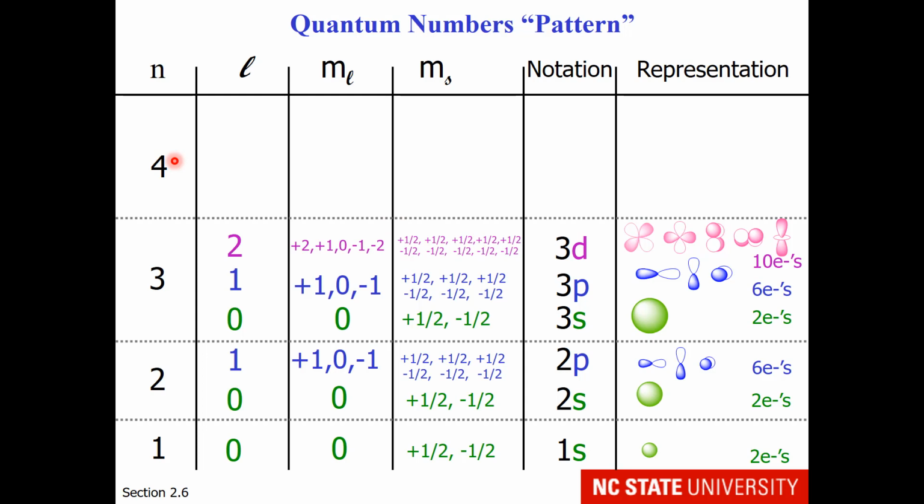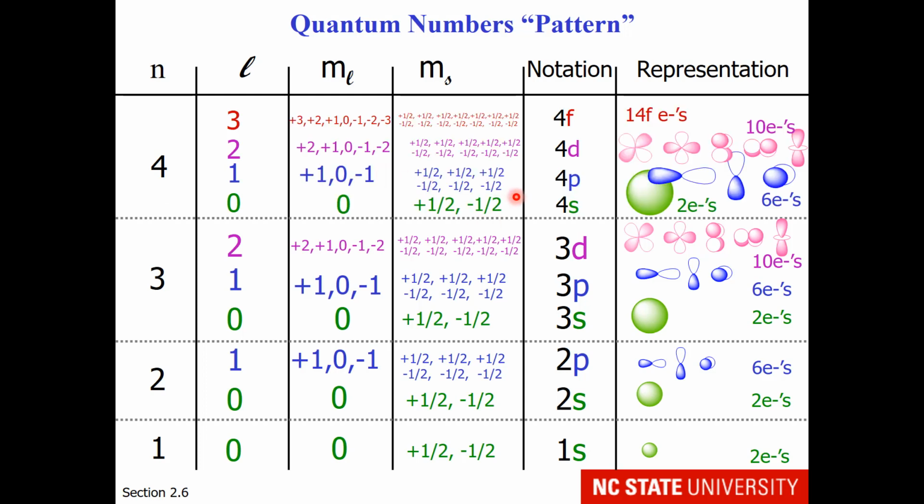And finally, the fourth principal quantum number has 4 sublevels. And now it starts to get a little bit crowded. But there are the 4s, which holds 2 electrons, the 4p, which holds 6 electrons, the 4d, which holds 10 electrons, and the 4f, which I did not picture for you, but there are 7 of them, and 7 times 2 gives us 14 electrons.